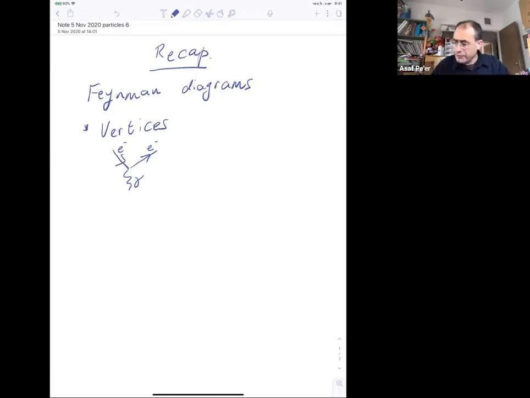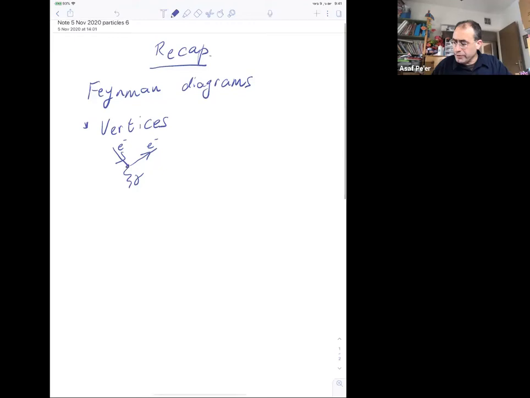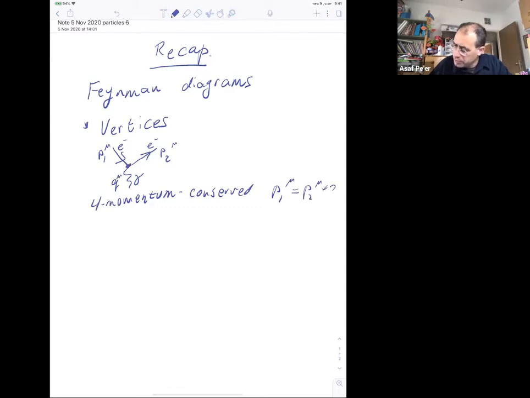Now at every vertex, right, there are some key features that are conserved, especially the four-momentum is conserved. Right, if the four-momentum here is P1 and this P2, and this is typically called Q, then we have P1 mu equal P2 mu plus Q mu.